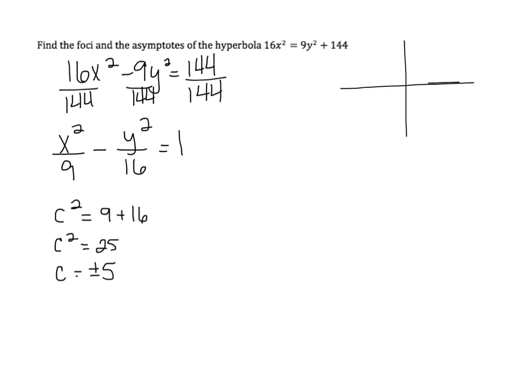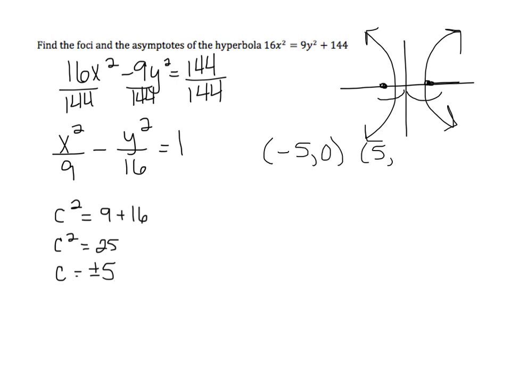Because my x term is positive, my foci are horizontal, which means that the two foci are going to be like here and here, and it'll look something like this. So then I just need to go from the center over 5 units in each direction. So my foci are (-5, 0) and (5, 0).